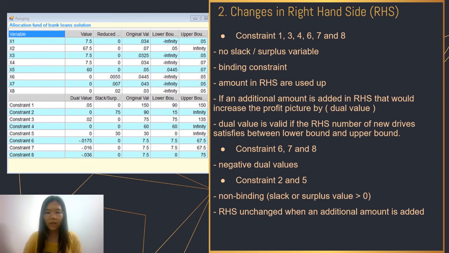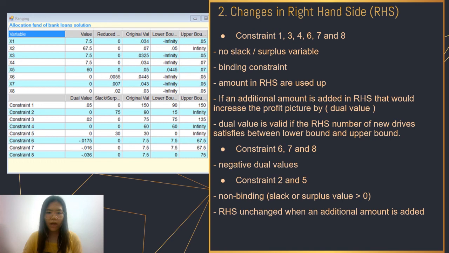This means that when the amounts of those right-hand sides increase by 1 billion, the profit will be decreased by 0.0175 billion, 0.016 billion, and 0.036 billion respectively.